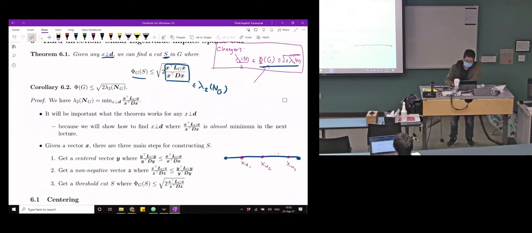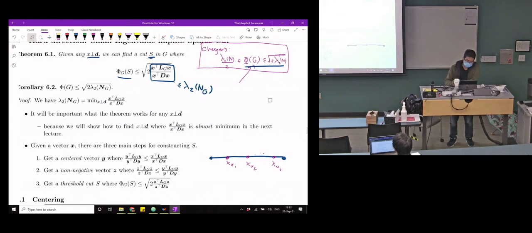By the way, as a spoiler, the way to extract the cut will be like this. You look at this x vector and sort the vertices according to it, so you have an order of the vertices.